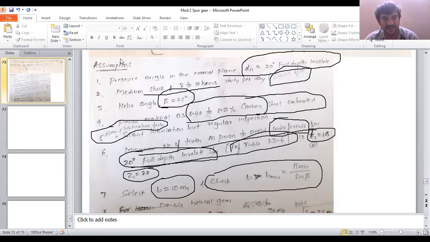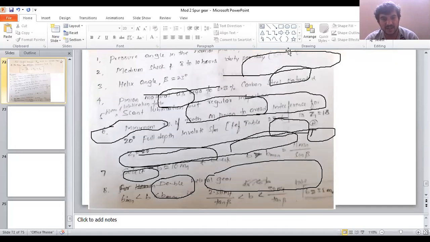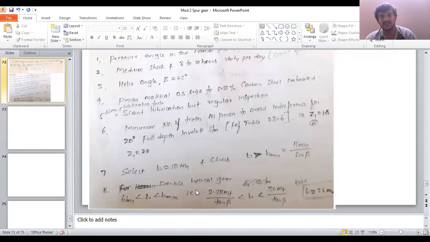Next, one last assumption here is for double helical gears, so please read the problems. Usually they will give a single helical gear, meaning only one gear, which may be left hand helical or right hand helical. If double helical gears are given, both left hand and right hand helical gears are formed on a single blank, single raw material.